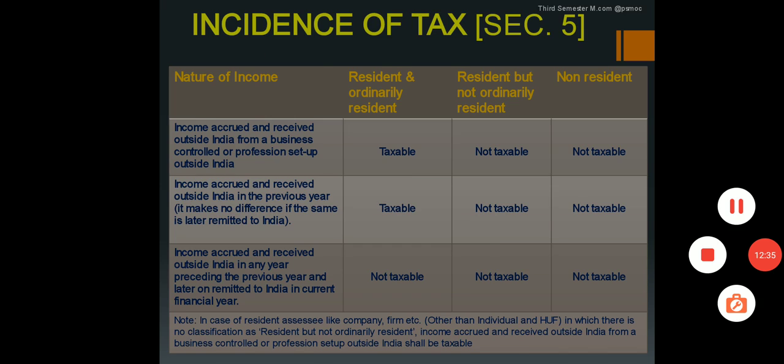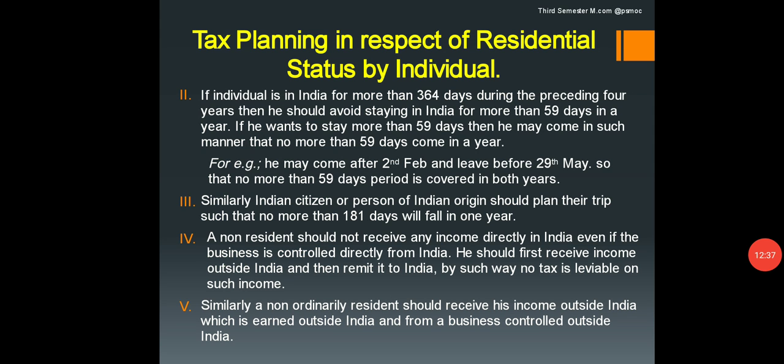And here you see, similarly, a non-ordinary resident should receive his income outside India, which is earned outside India, and from a business controlled outside India. A non-resident should receive the income he earned outside India from a business that he controlled outside India.